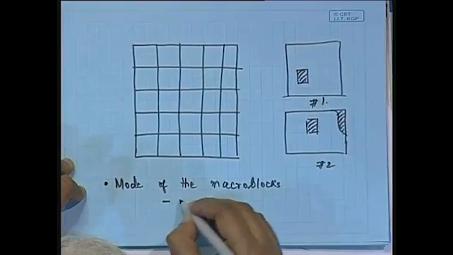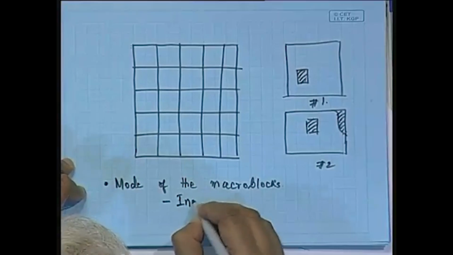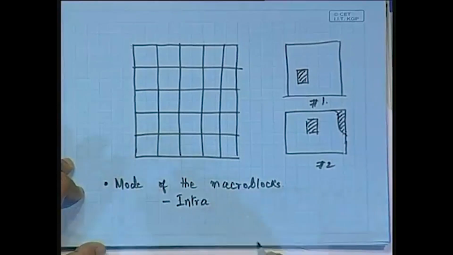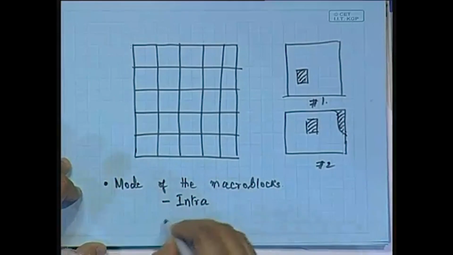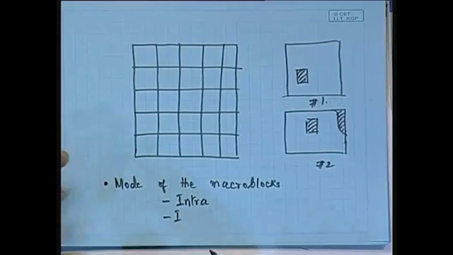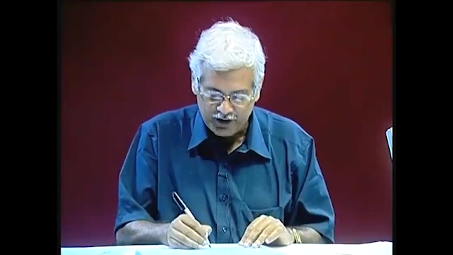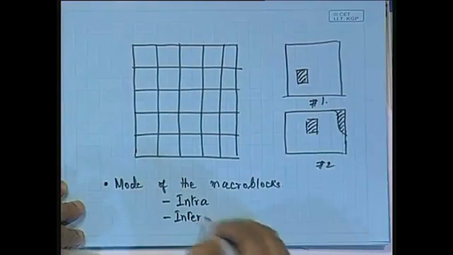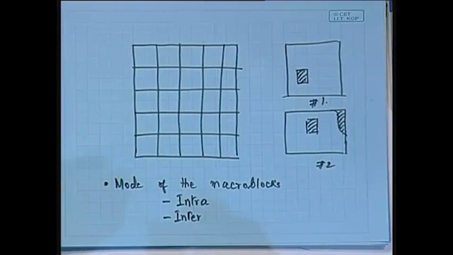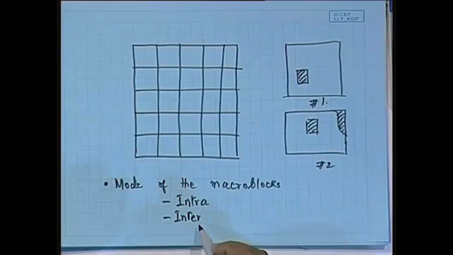So, in the mode of the macro block, you can define some macro blocks as coded in the intra mode, and there will be some macro blocks for which you find the correspondence in the previous frame, and you can encode them in the inter frame mode. So, there is intra frame prediction, there is also inter frame prediction for every macro block.